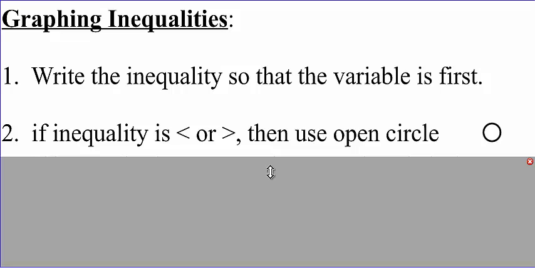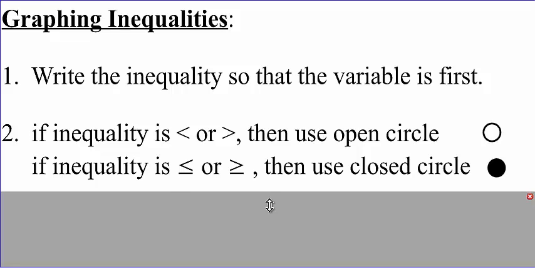Okay, so if your inequality is strictly less than or strictly greater than, then you're going to use an open circle. That indicates that the number that the open circle is on is not one of the solutions, but everything above or below that value are solutions.